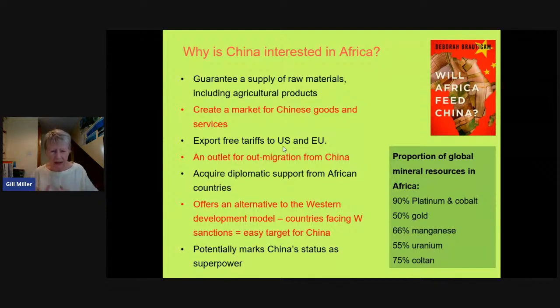Then there's the issue of migration. You've all heard of the Three Gorges Dam, and clearly there was displacement of many thousands of people from the Three Gorges. So there are people who have been displaced from big Chinese projects. There are people in China who are looking for a better life and perhaps a bit more freedom. There are rising costs for businesses in China. There's industrial overcapacity, so it's quite hard to sell goods sometimes within China.